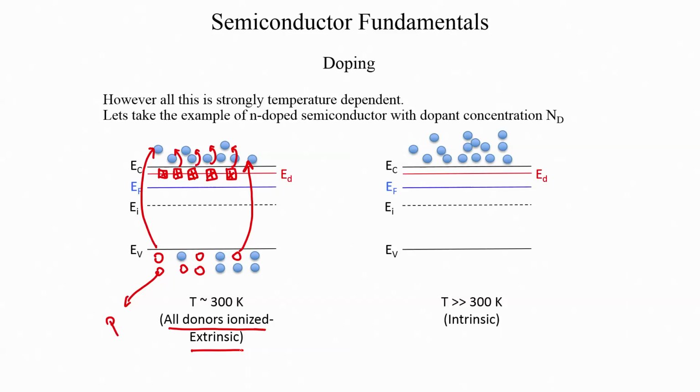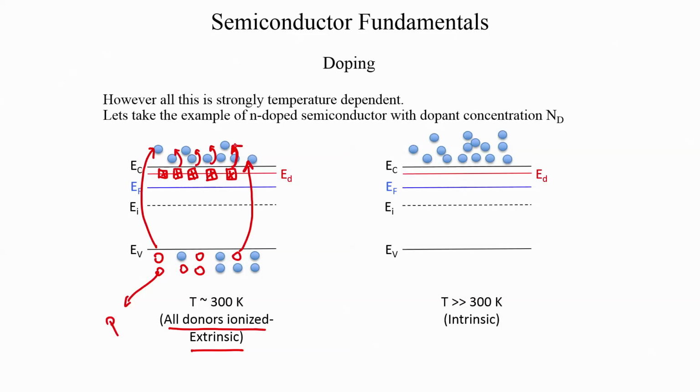Okay. So, when we say extrinsic semiconductor, as opposed to an intrinsic semiconductor, which is a pure semiconductor without any doping, the electron population for the case of n type doping is largely because of the donor contribution.